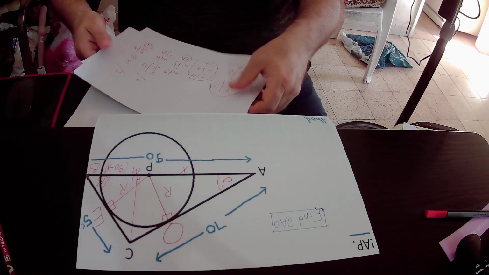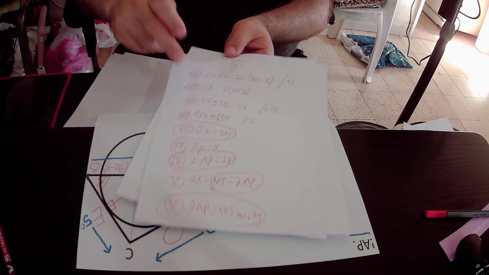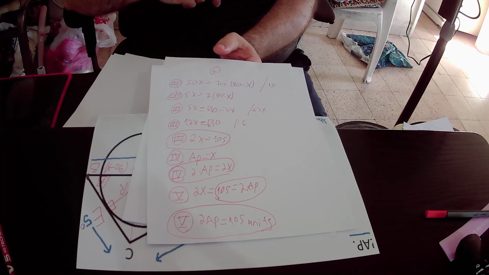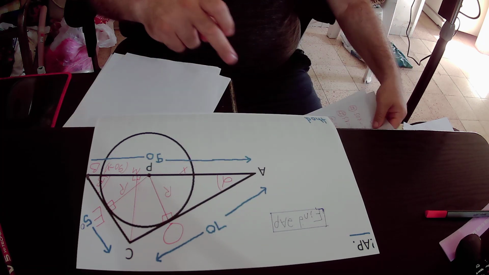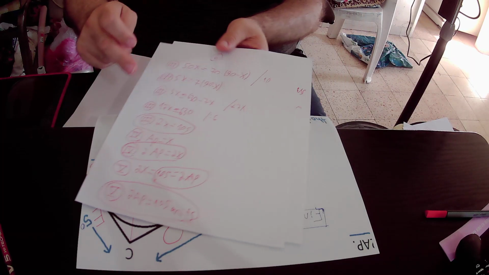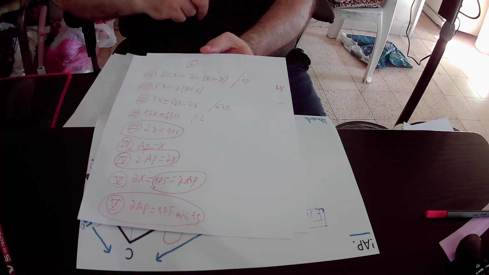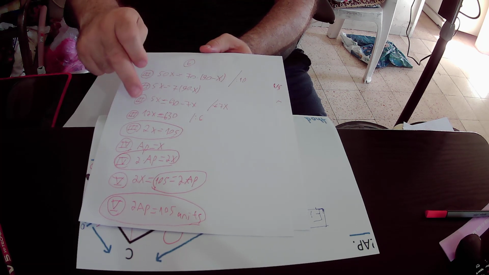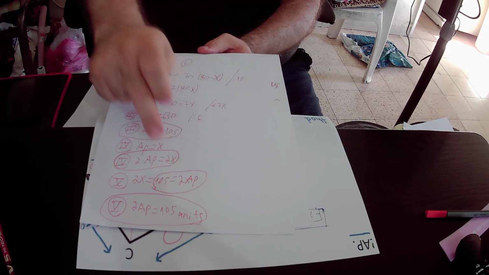And at the end we got that 2 times X equals 105 units. This is the third equation, but we know that AP equals X according to our definition. So if AP equals X, then 2 times AP equals 2 times X. So from the third equation we know that 2 times X equals 105 units.